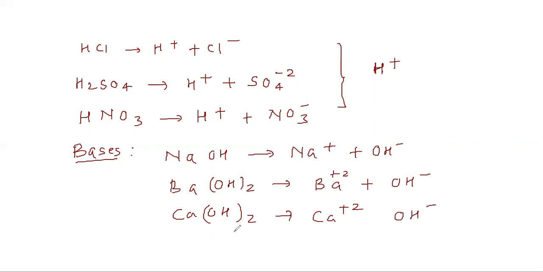So we can say that all bases have OH minus in common, and this is the cause of ionic properties when dissolved in water and electric current is passed. So these are the OH minus ions which are responsible for conduction of electric current, similar to H plus ion.